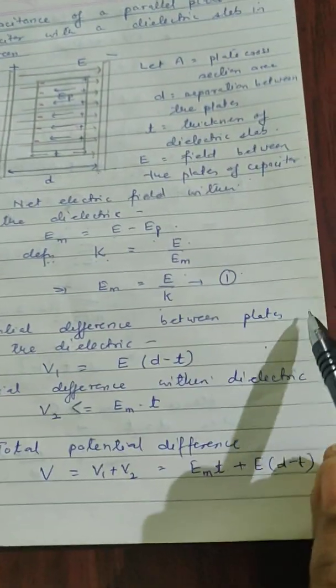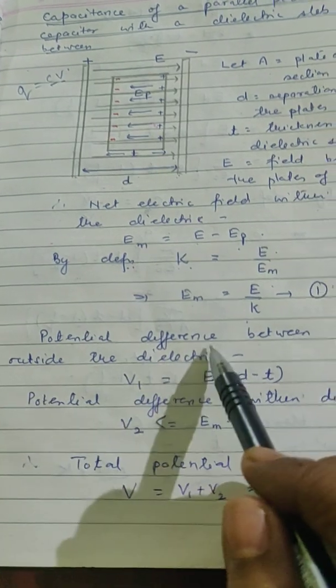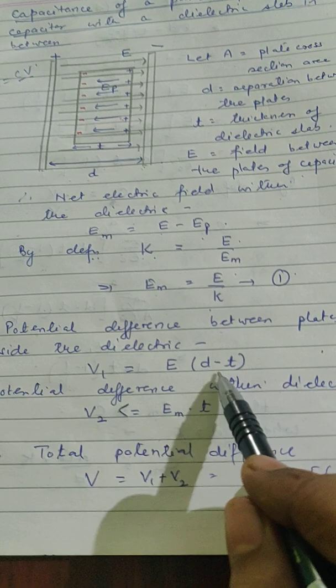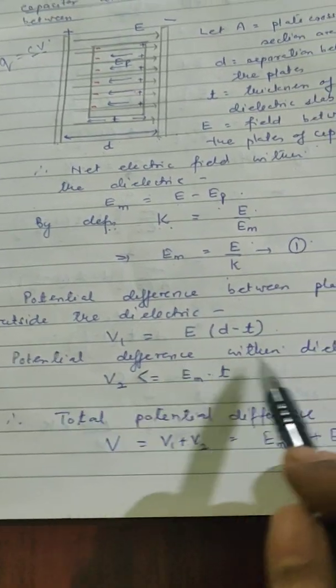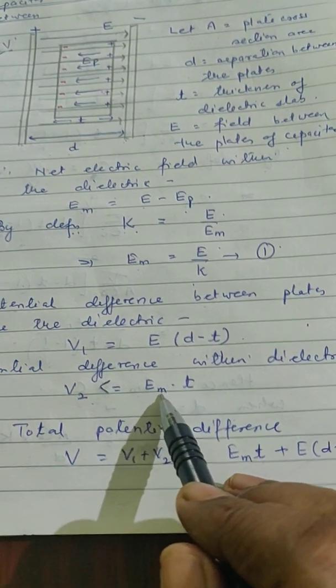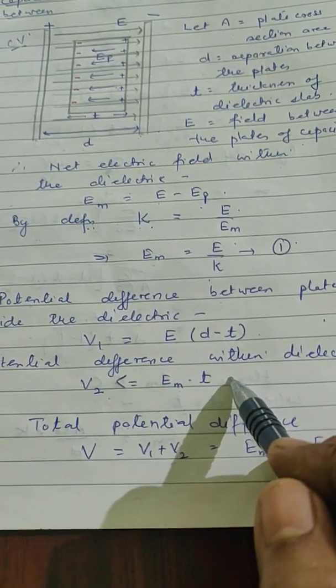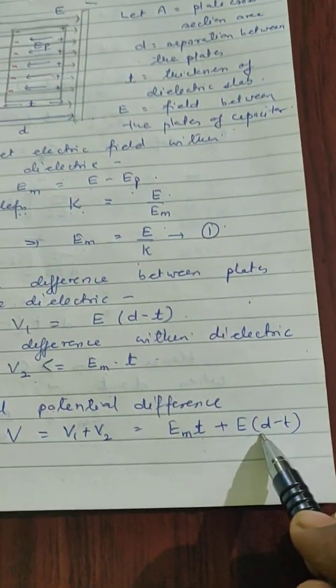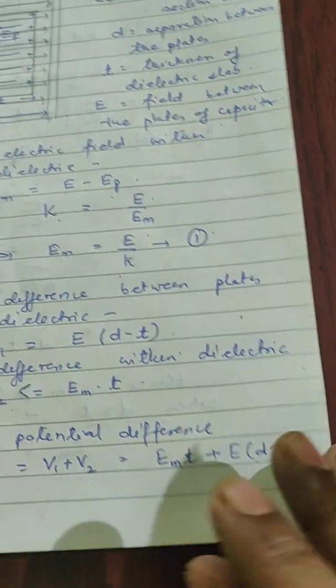So the potential difference between the plates outside the dielectric, I have written as V1, it is E into D minus T. And the potential difference within the dielectric V2, this is the product of Em and T. So the total potential difference will be the sum. I have added both of them, EmT plus E into D minus T.